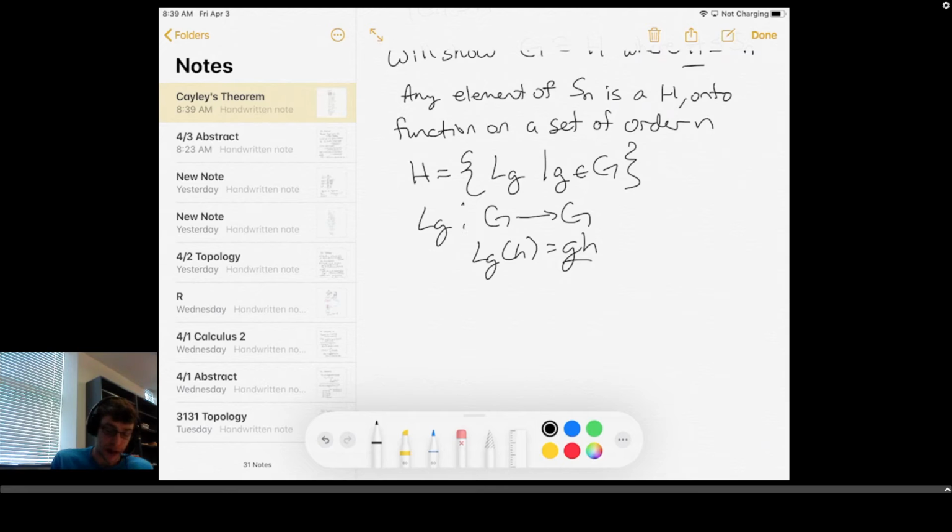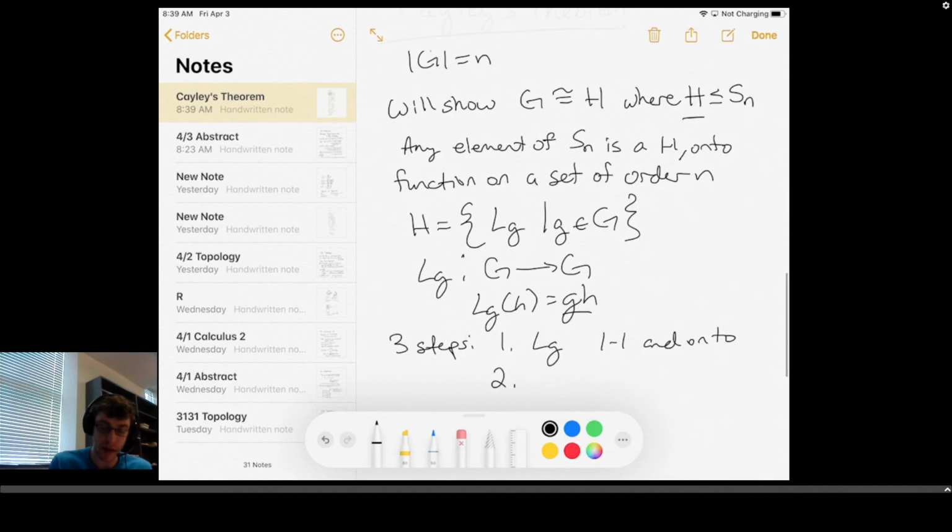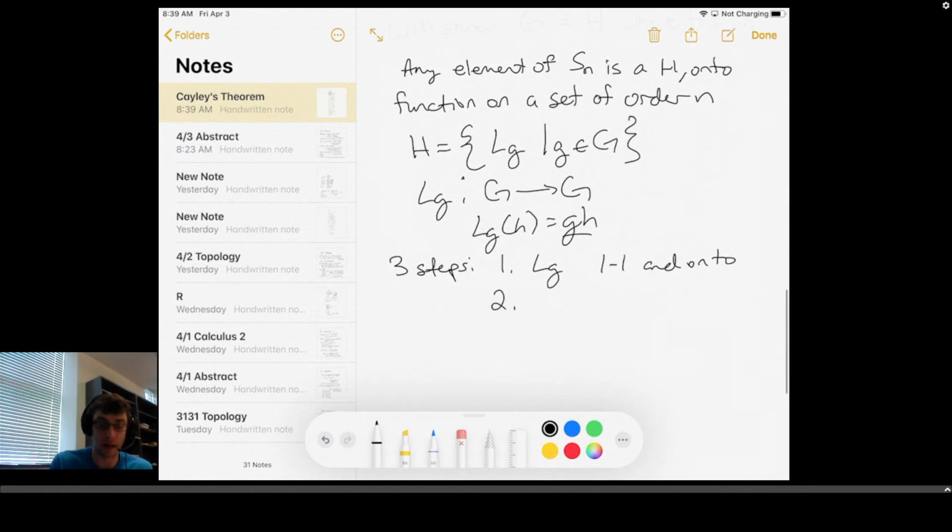So I need to do a few things here. We really have three steps. One, I have to show that L_g is really a permutation, so I need to show L_g is one-to-one and onto. Two, I claim that this H is a subgroup of Sn, so I need to actually show that H is a subgroup.